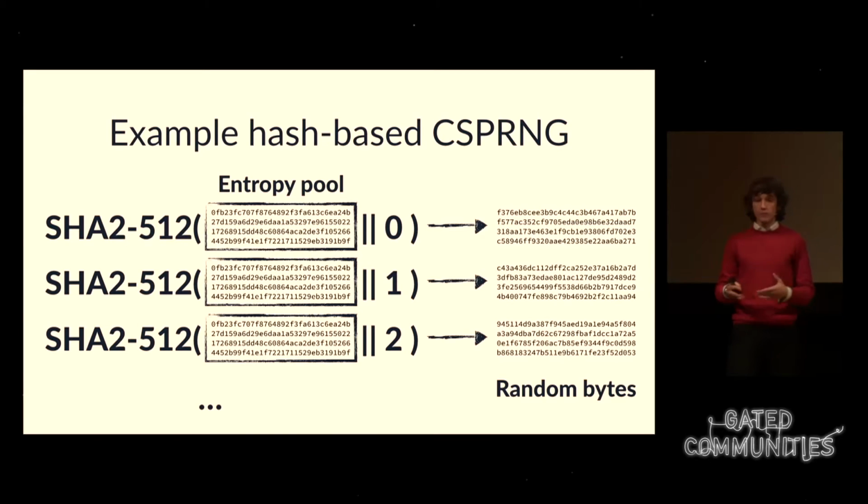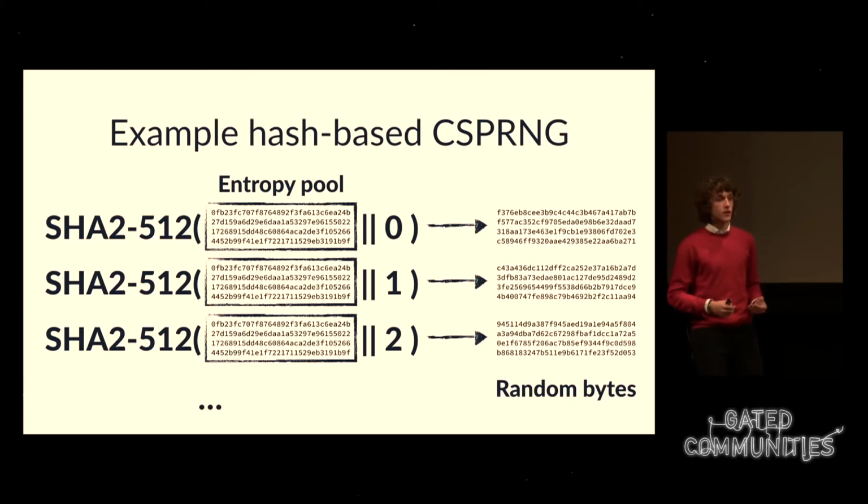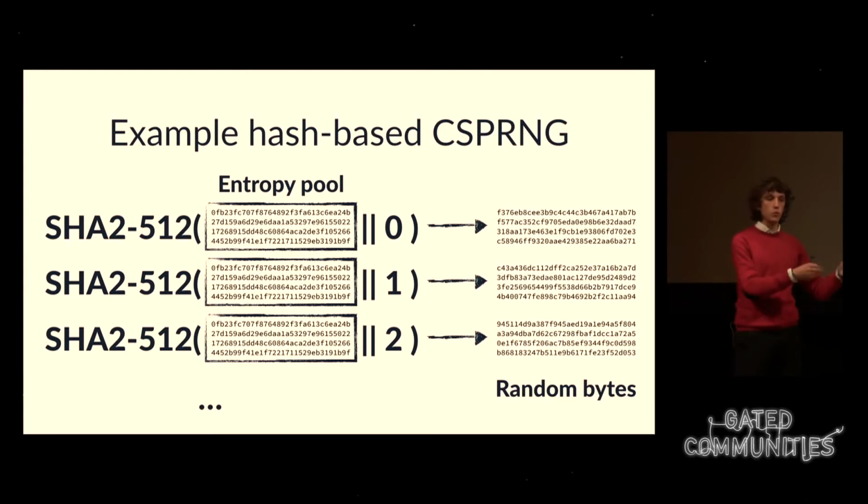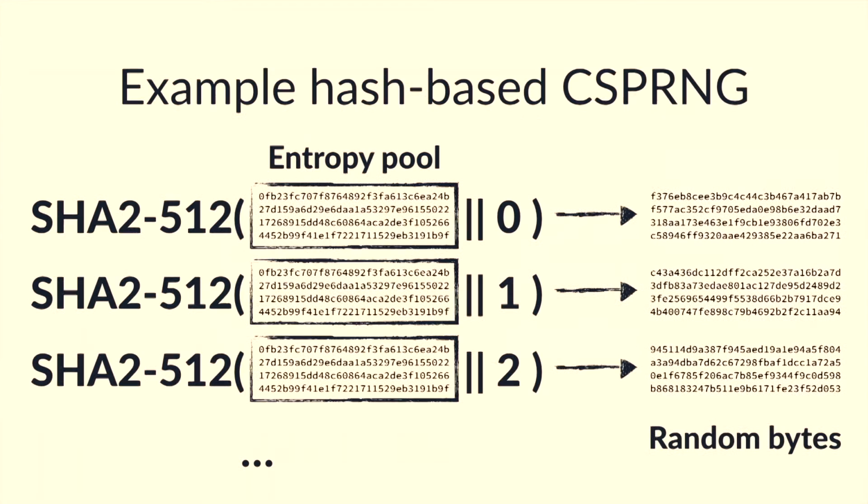Okay? So now we have this essentially unpredictable value, but now we want to generate keys out of it, and we can't just use these few bytes here. So we can use again hash functions. Same hash function. We take the entropy pool and we hash it with a counter.